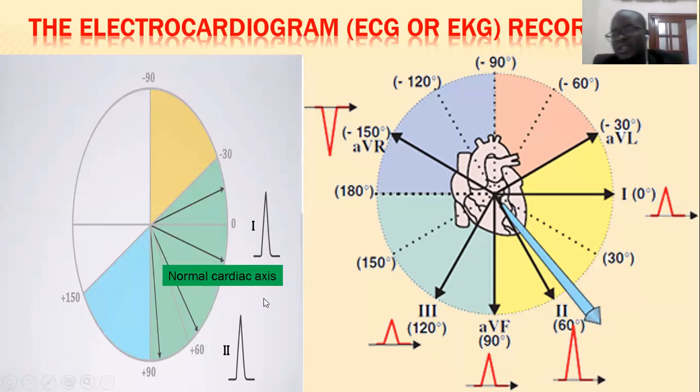In simple terms, when you're looking at the ECG tracing, if lead 1 is giving you a positive wave and lead 2 is also giving you a positive wave, then you have normal cardiac axis. It means that the direction of the heart's action potentials, or the depolarization, is within the normal axis.